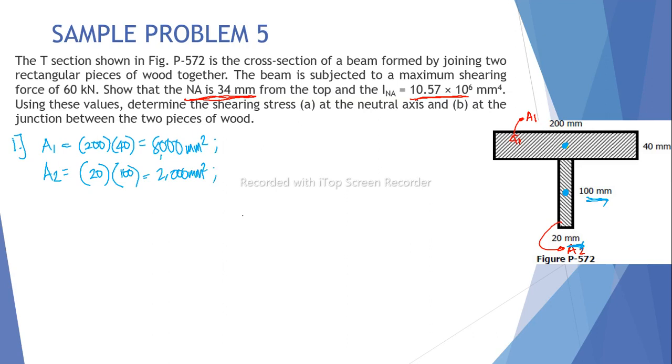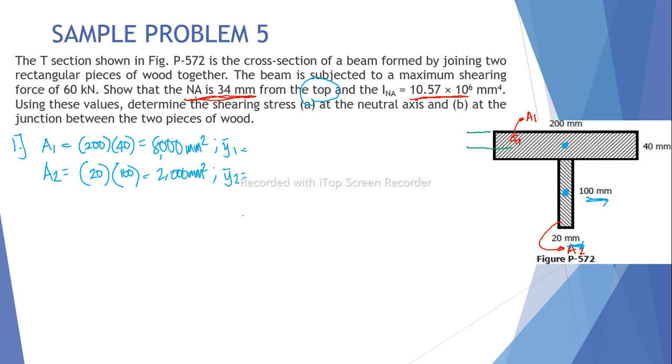Next, get y bar 1 and y bar 2. This is the distance of their respective centroids from a fixed datum. Since what we need to prove is the distance from the top, our fixed datum is the top.